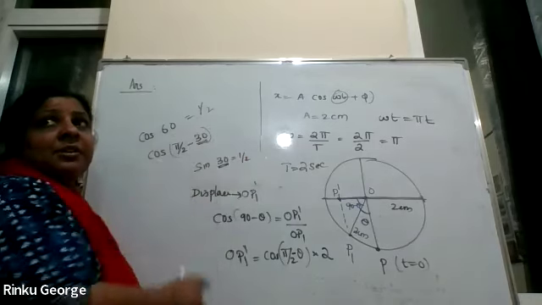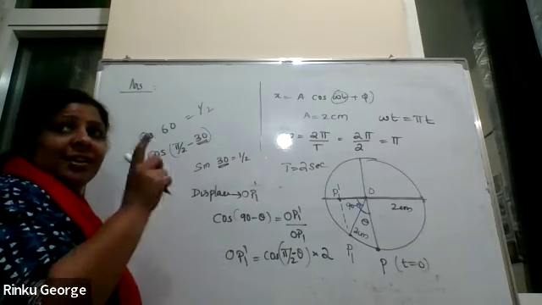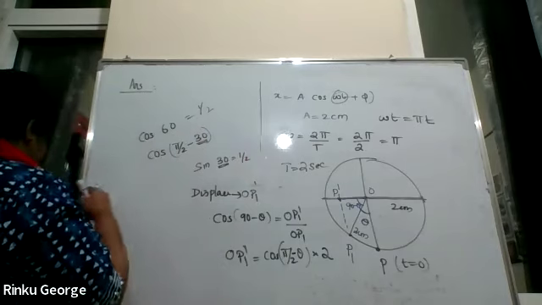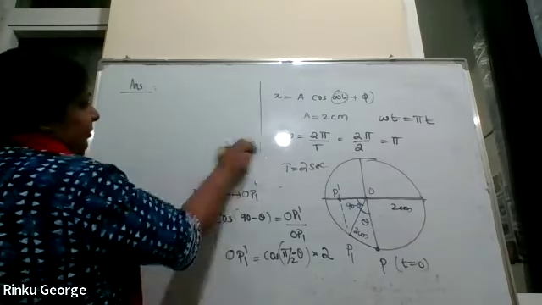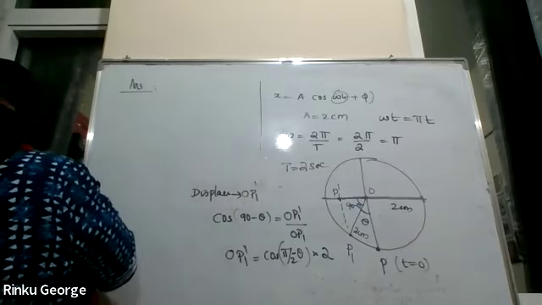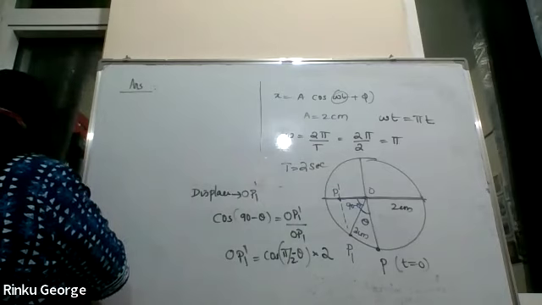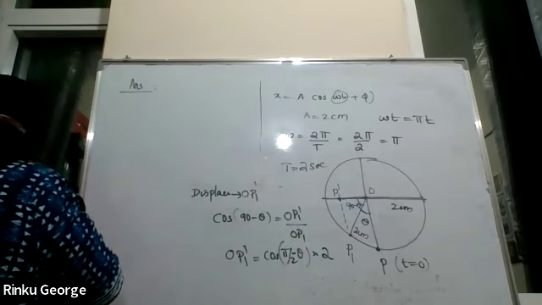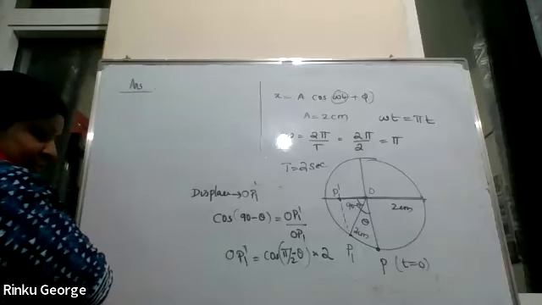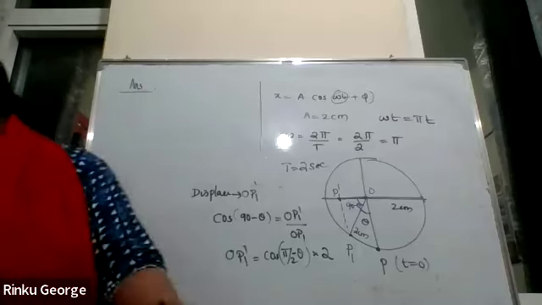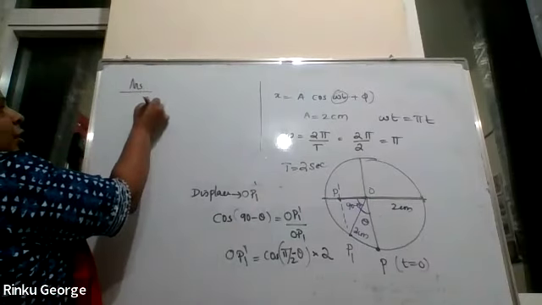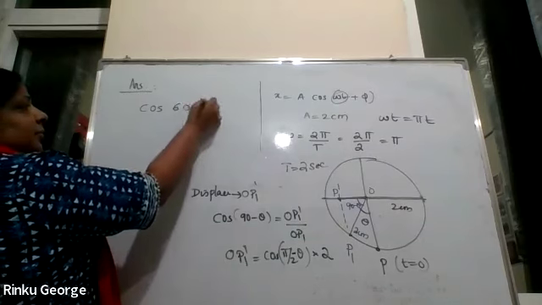You can check examples and do it if you are not getting the relation. Listen. What is cos 60? 1 by 2.